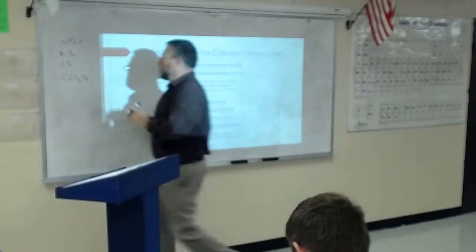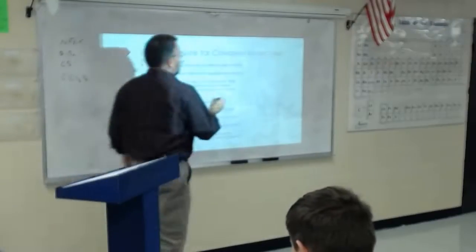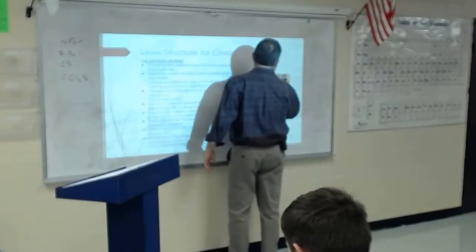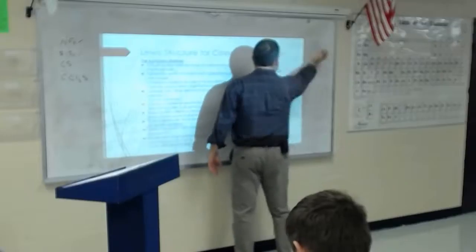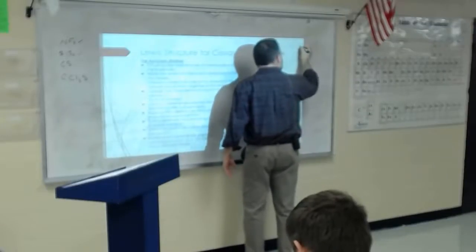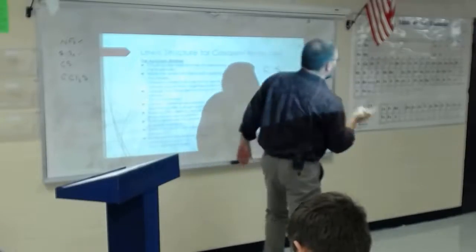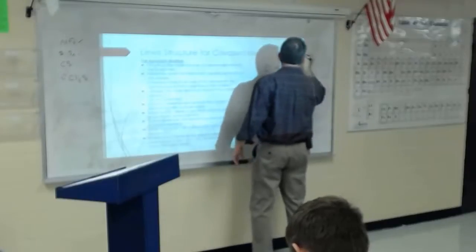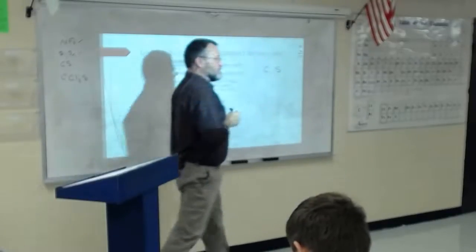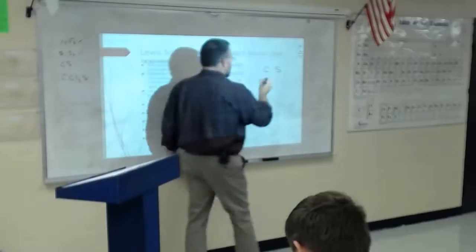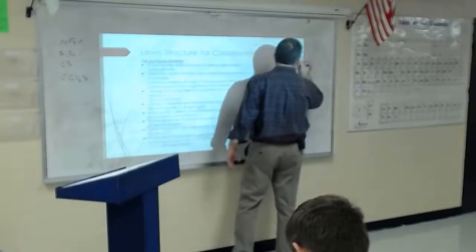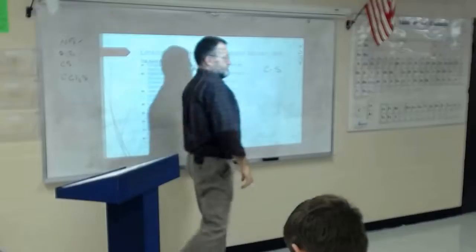All right, third molecule, CS. 1 carbon, 1 sulfur. Carbon contributes 4. Sulfur contributes 6. We have a total of 10 electrons to play with. We form a single bond, consumes 2, leaves us with 8.